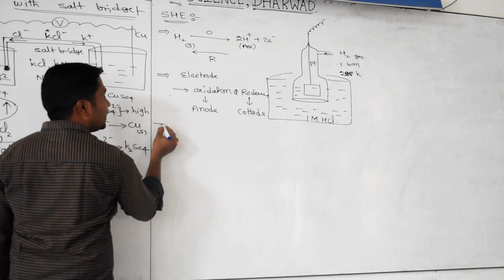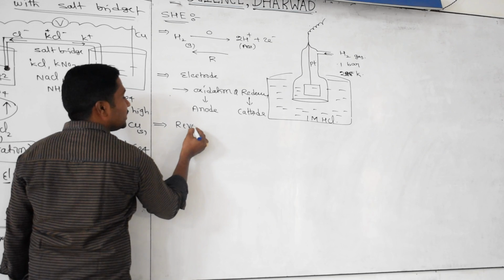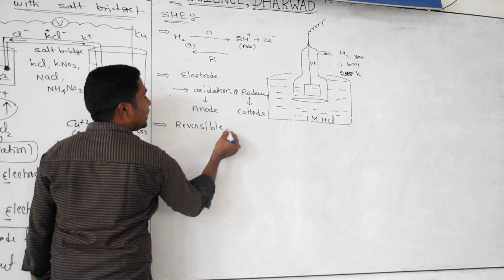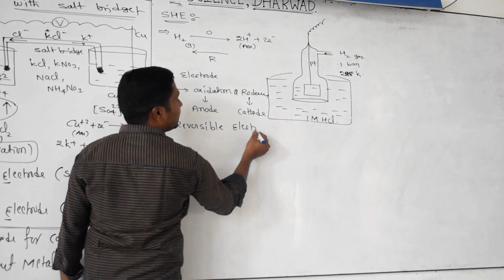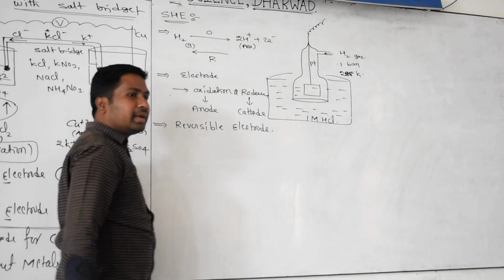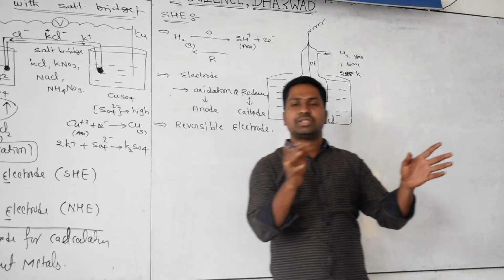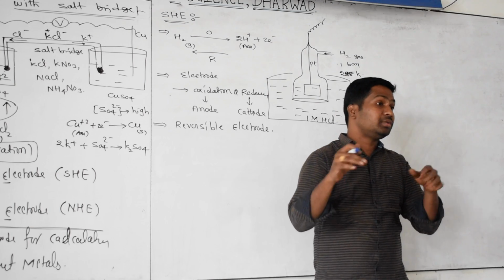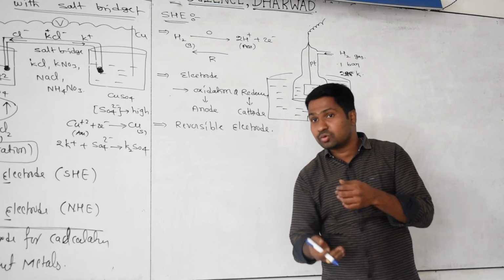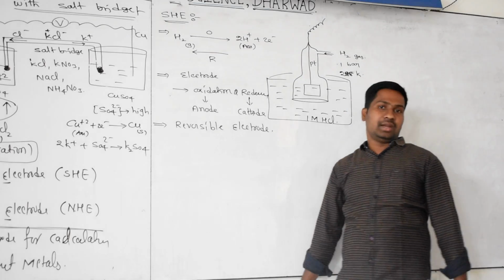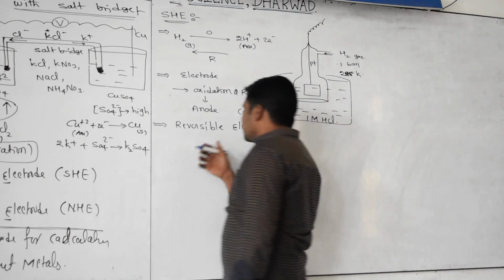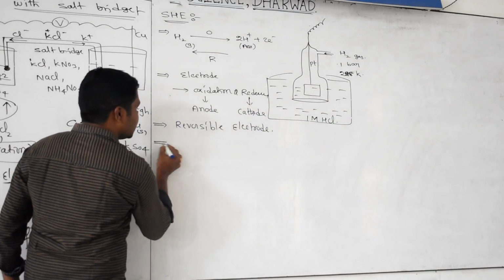That's why we call this hydrogen electrode specially a reversible electrode. Why? Because at the same electrode, both oxidation and reduction are going on. It is acting as both anode as well as cathode. So we specially call it a reversible electrode. Okay. Next, some other points we have to discuss.